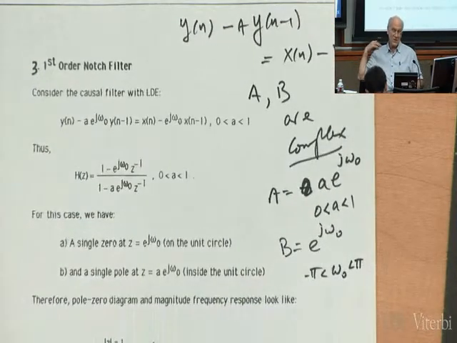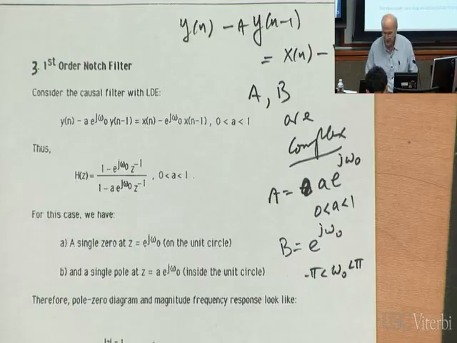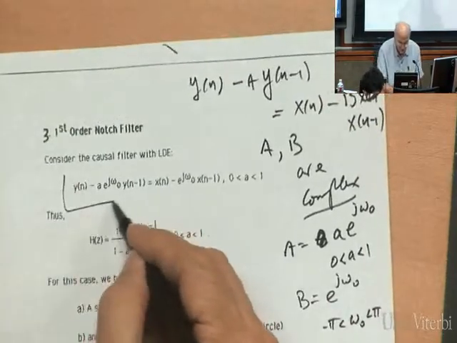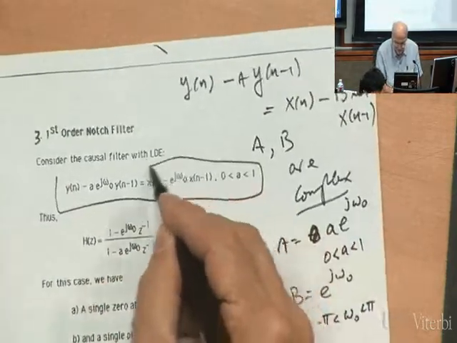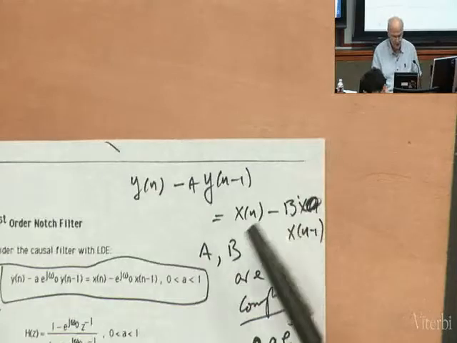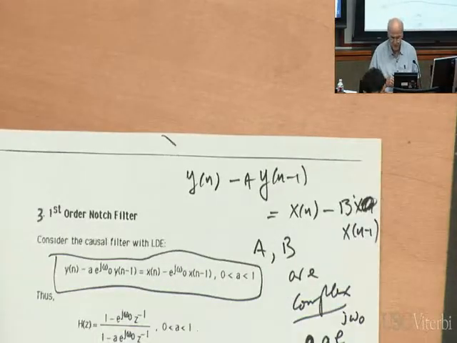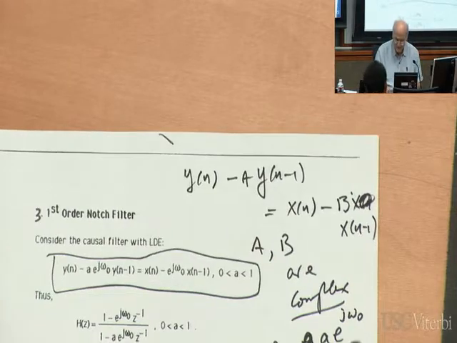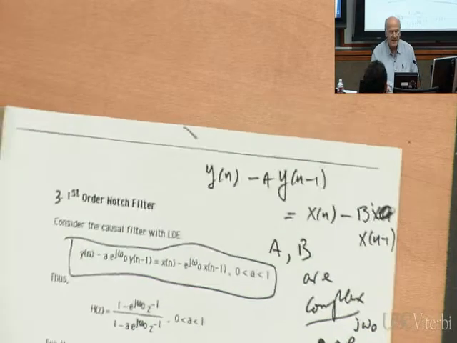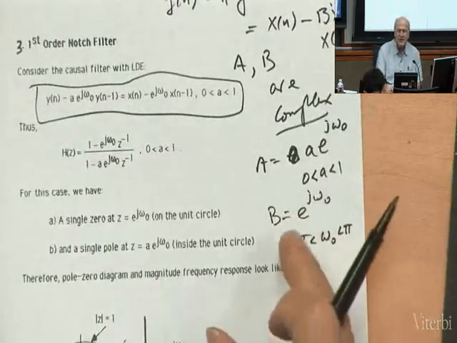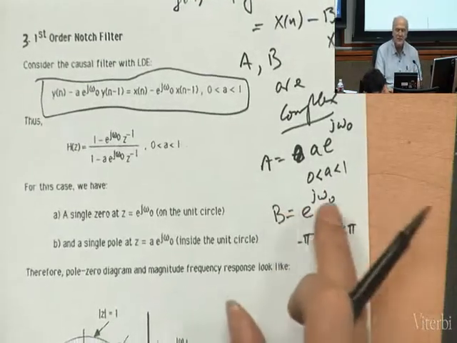So let's see why we call it a notch filter, and let's figure out a little more information on it. First of all, this is my difference equation, exactly what I said: y of n minus a e to the j omega naught times y of n minus 1. So that's that term and that term. Notice that b is of the form e to the j omega naught, so the complex magnitude of b is 1.